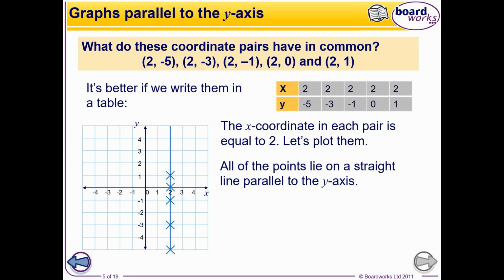I can list other coordinates which are on this line, like for example 2, minus 4, which is over here. 2, minus 4 is also on this line. 2, 4, which is here, or 2, 3, which is here, or 2, 5, okay, or 2, 10, which is even up there, okay.